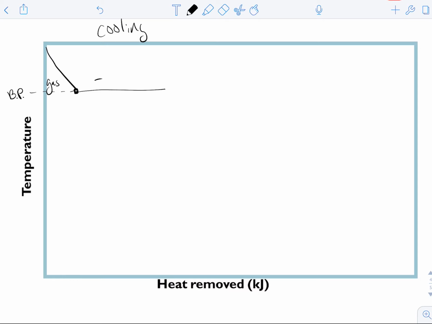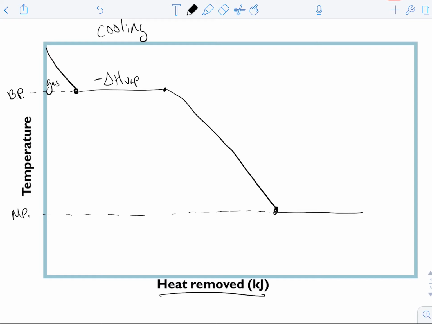This is negative delta H of vaporization because now we are removing heat, right? And then we go down until we reach our melting point. And then a negative delta H of fusion. And then back down to a solid, like so.